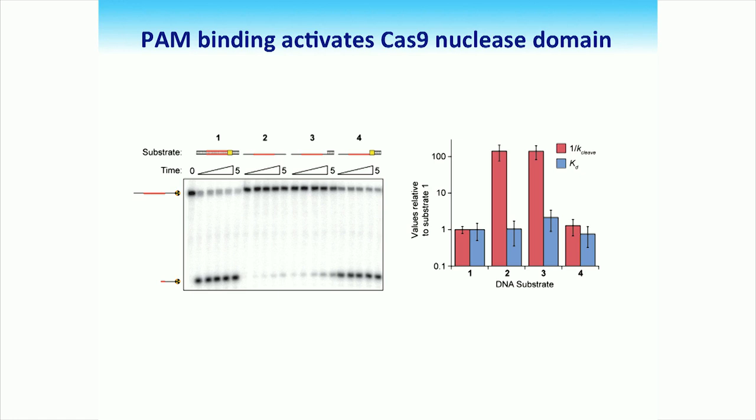Over here, plotted in the blue bars, are the KDs, the binding constants for these 4 different substrates. They all bind very similarly to Cas9, but only the 2 on the ends that include the PAM nucleotides are robust substrates for cutting.